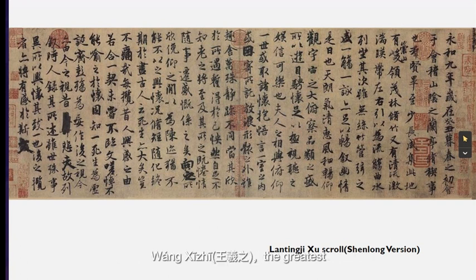Wang Xizhi, the greatest calligrapher of the day, wrote the preface to a collection of poems written by those present at the gathering. The poems are no longer frequently read, but this preface remains one of the masterpieces of Chinese calligraphy as well as literature.